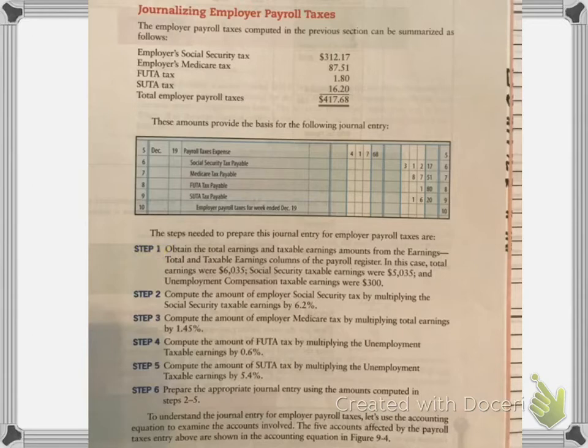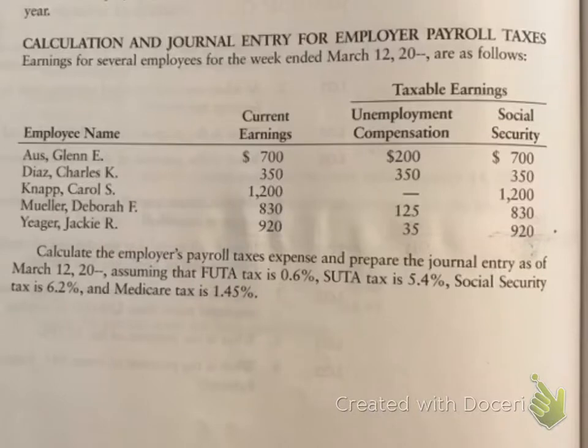So in order to do this, we're going to refer back to this payroll register. They gave us those columns, but they did not total them for us. So in order to complete step 1, you need the totals from those columns. You're going to have to add these.